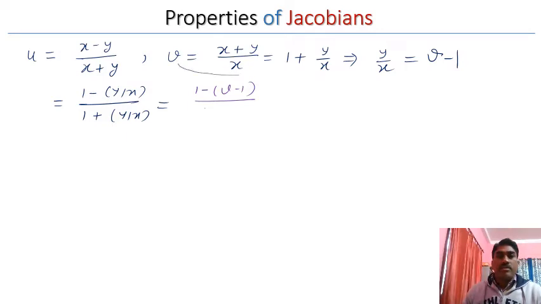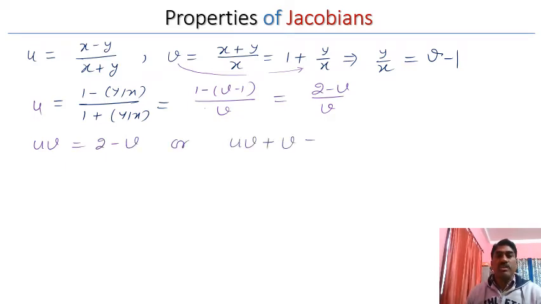So we have got u equal to (2 minus v) by v, which means uv is equal to 2 minus v, or uv plus v is equal to 2, or v(u plus 1) is equal to 2. Any of these three is the required relationship between u and v.